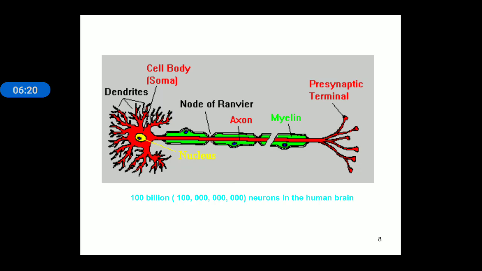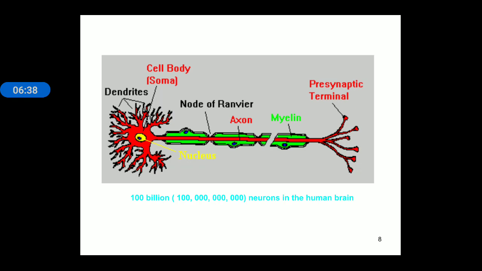Cell body also contains a central nucleus. All the signals received by the neuron are analyzed here, and further this impulse is transmitted towards a long cylindrical area known as axon.